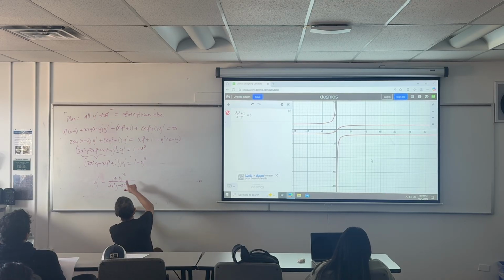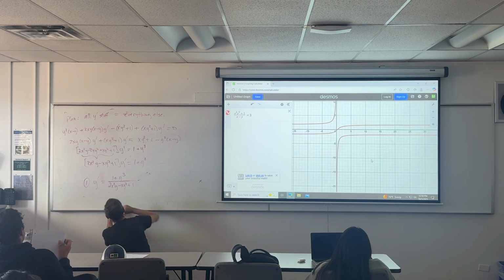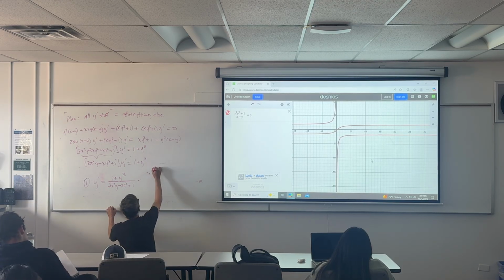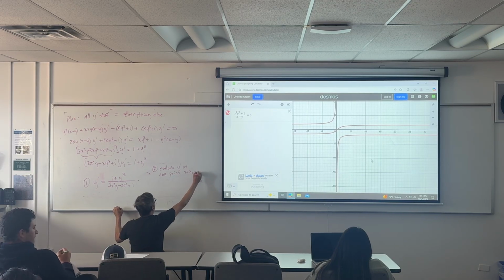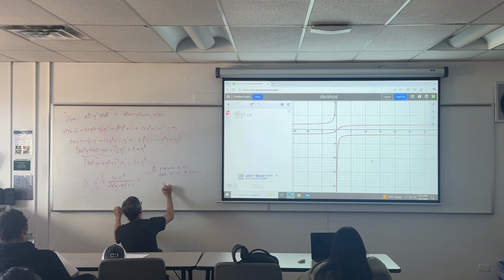And so this guy here, we are going to evaluate to get the slope. So this was step 1, right? Get the derivative. Step 2 is evaluate the derivative at our point. And our point was x equals 2, y equals 1, so y prime is going to be our slope.